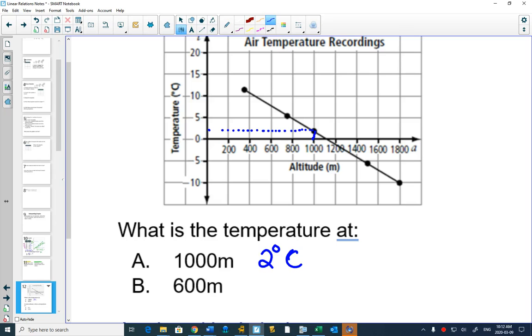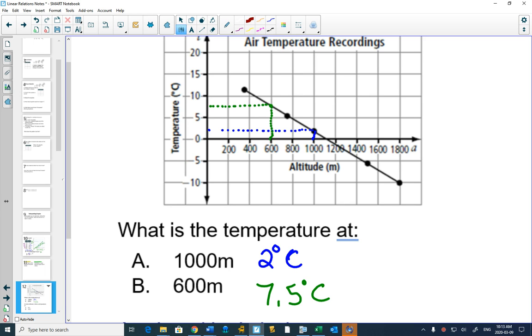If we looked at 600 meters, again, we would go up from 600 till we hit our line, then across from there. Is that perfectly in the middle, would you say? 7.5 degrees, or do you think it's higher? And again, it's an estimate. So the nice thing about an estimate is if you wrote 8 degrees, I would say that's a good estimate.